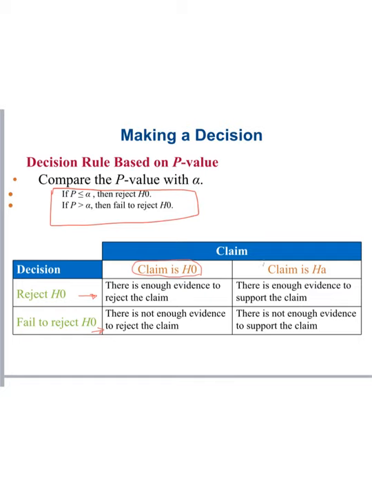If the claim is the alternative hypothesis and you reject the null, we say there is enough evidence to support the claim. And if the claim is the alternative but you fail to reject the null, there is not enough evidence to support the claim.